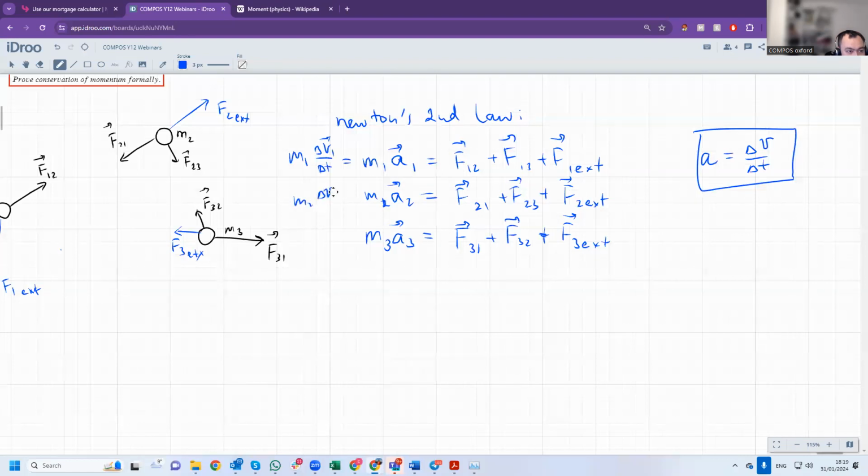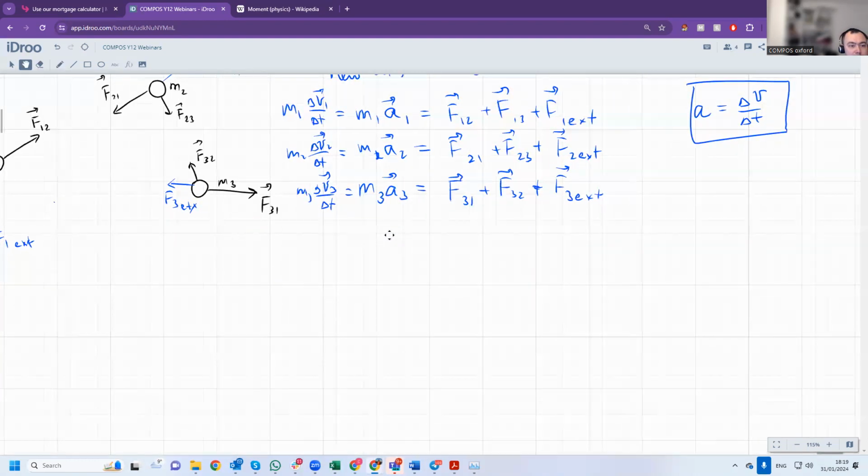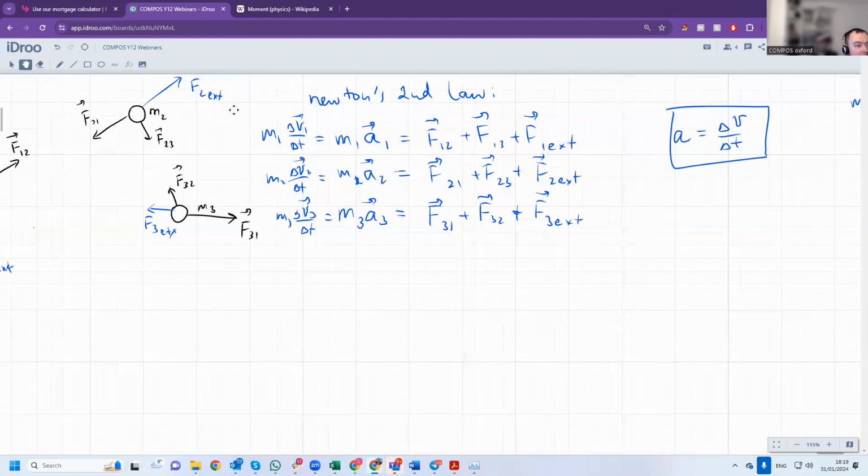M2 delta v2 divided by delta t, m3 delta v3 divided by delta t. And now what we're going to do is add the three equations. Oh, no, sorry, multiply all the equations by delta t.